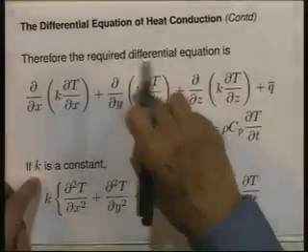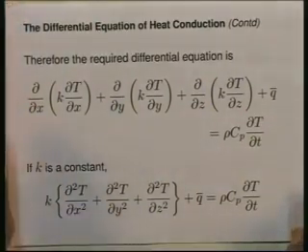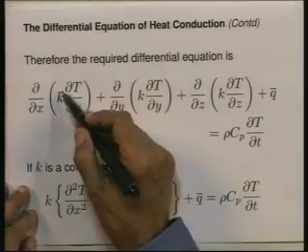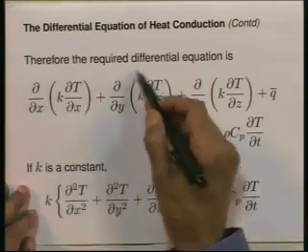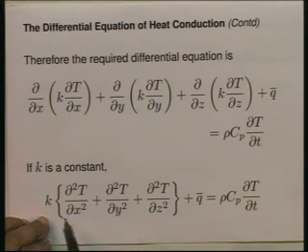All right. Now, let us look at some simplifications of this differential equation. Suppose the property K, thermal conductivity K of the material, is not varying from point to point inside the material. That means, the material is isotropic, K is a constant, the material is what we call homogeneous, in which case the K can be taken outside the differential here, and we will get the differential equation which is written here.